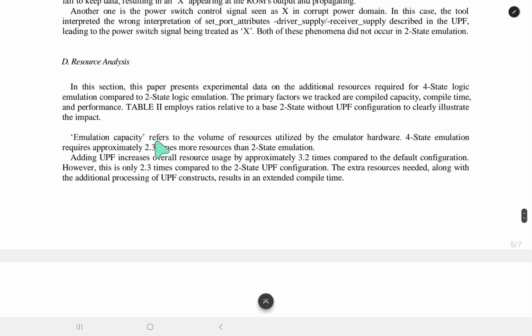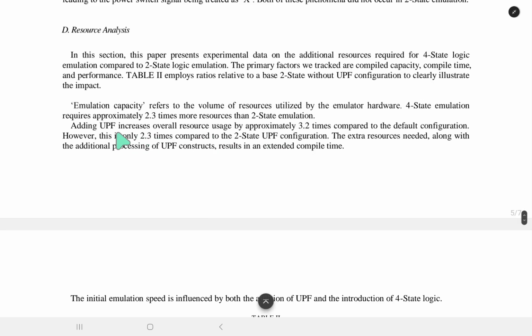Emulation capacity refers to the volume of resources utilized by the emulator hardware. Four-state emulation requires approximately 2.3 times more resources than two-state emulation. Adding UPF increases the overall resource usage by approximately 3.2 times compared to the default configuration.